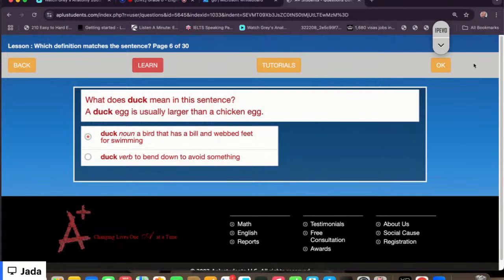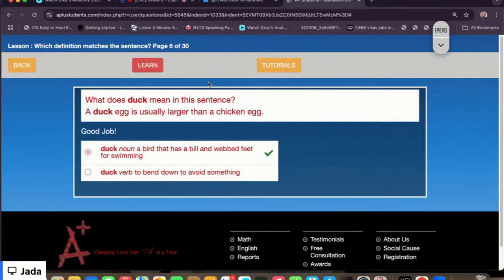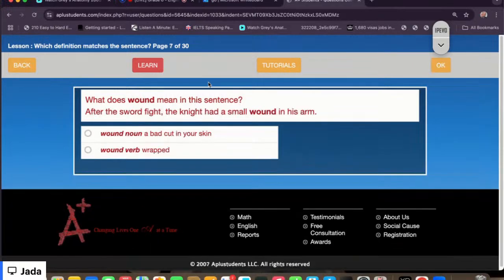So duck, a bird. Okay. All right. So next up we have: after the sword fight, the knight had a small wound in his arm. So wound. What's the meaning of wound in this sentence? Wound, noun, a bad cut in your skin, and wound, verb, wrapped. So which of them is the right one?